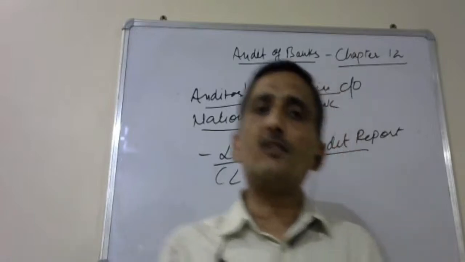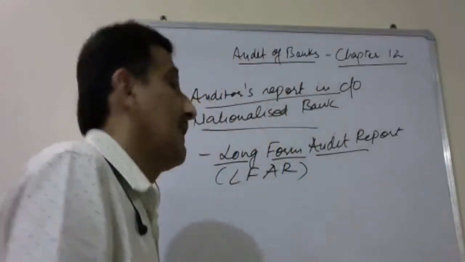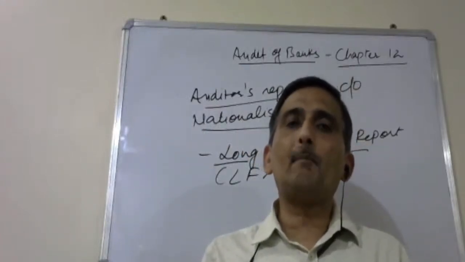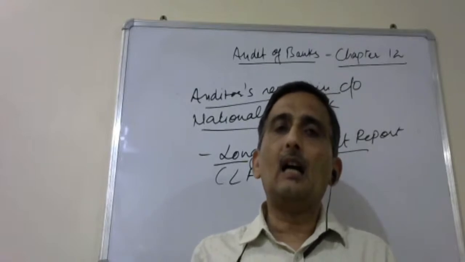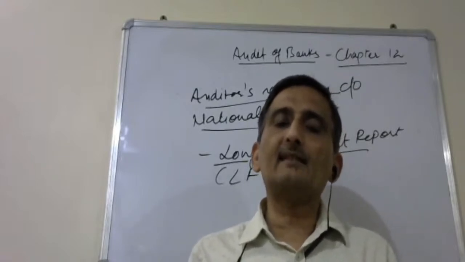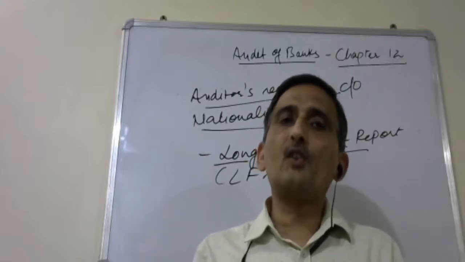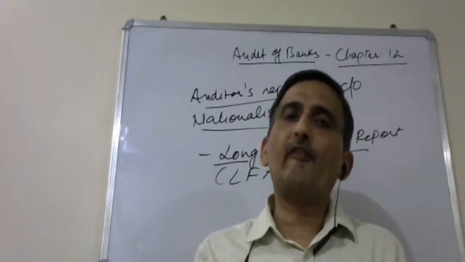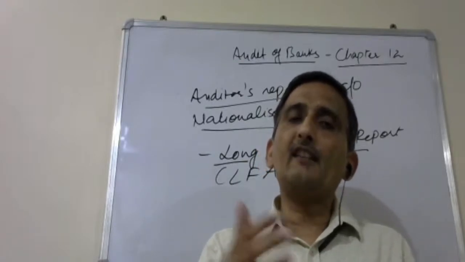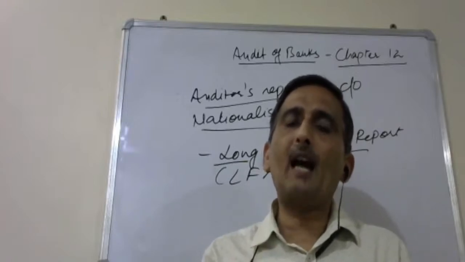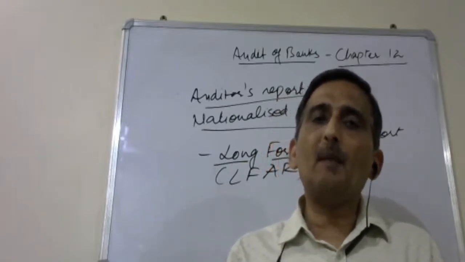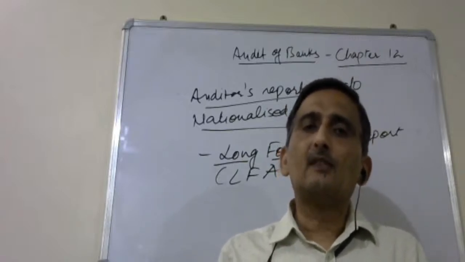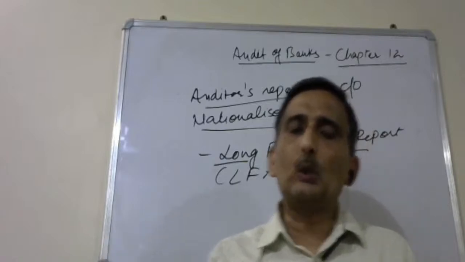Besides, the auditor has also to report whether the bank has complied with the Ghosh committee recommendations and Jilani committee recommendations. The Ghosh committee recommendations basically contain a checklist in respect of frauds and malpractices, whereas the Jilani committee report contains a checklist regarding supervision and internal control systems.